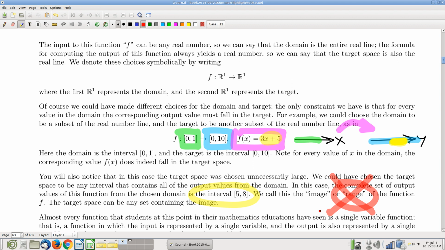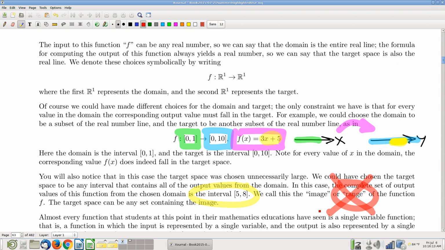Yeah, what exactly is the function, no pun intended, the purpose of the target as distinguished from the image? If you want to talk about whether a function's invertible, you need to know that if you have a function from A to B, the inverse would be a function from B to A. Well, for everything in the target, you would need to know that there's a corresponding what we call preimage.